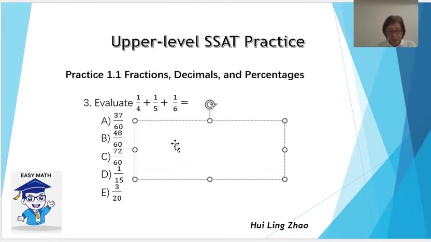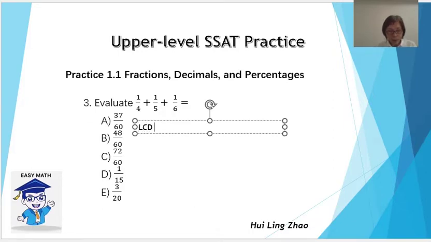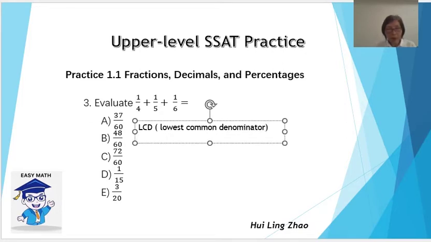Find the LCD. The LCD, you know, is the lowest common denominator, right? For this LCD, 4 we can separate into 2 times 2, right?